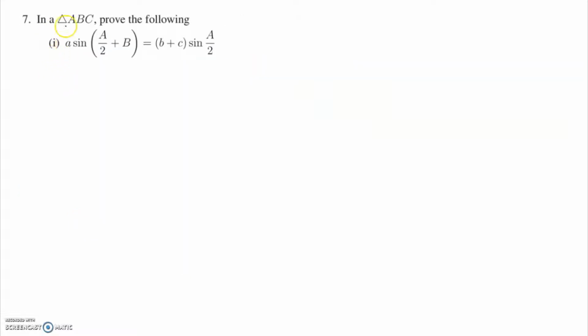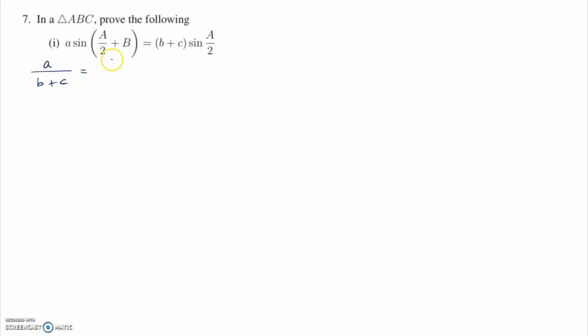Question number 7. In a triangle ABC, prove the following. The first question is a sin (A/2 plus B) is equal to (b plus c) into sin (A/2). So, let us consider a by (b plus c).